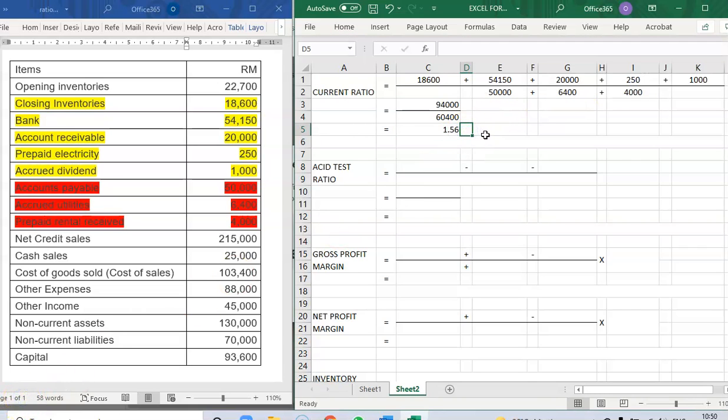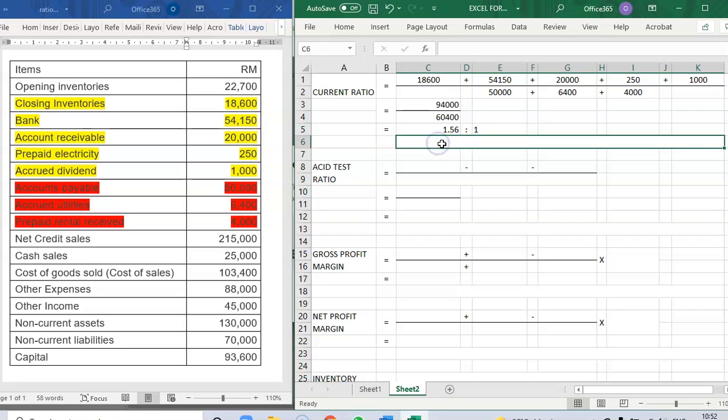Once you round up to 2 decimal points, it becomes 1.56. Remember to put the colon representing the ratio: 1.56 to 1.